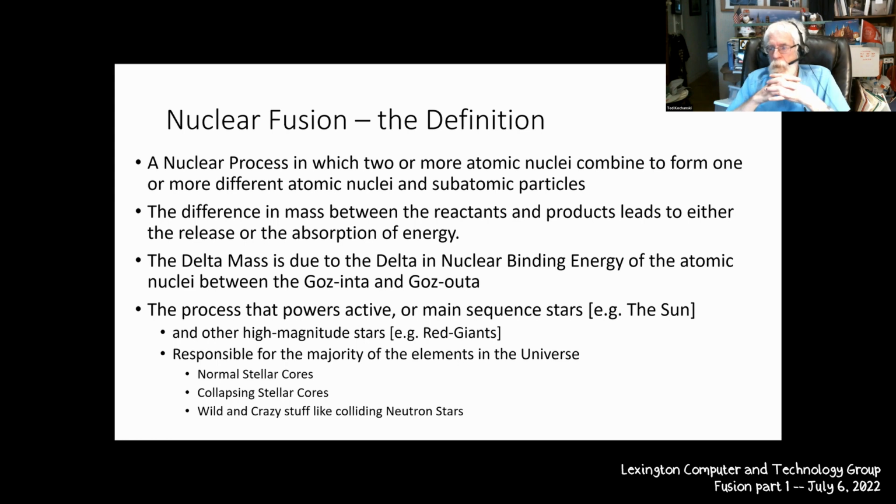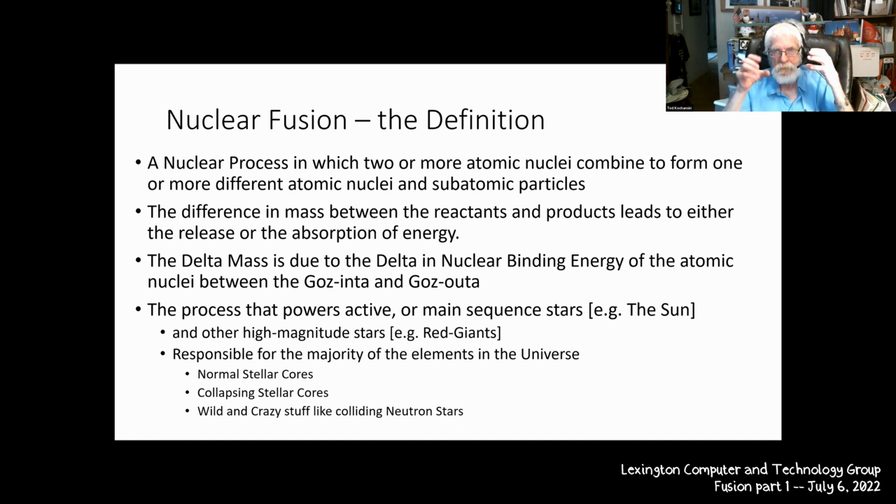The reason why everybody's interested in fusion for all the different applications, from the stars to terrestrial to stellar drives, is that the difference in mass between these various things that come together, and we have a lot of terminology in fusion, very sophisticated terminology, so we call it goes into and goes out, which is the products are the goes out, and the reactants are the goes intas.